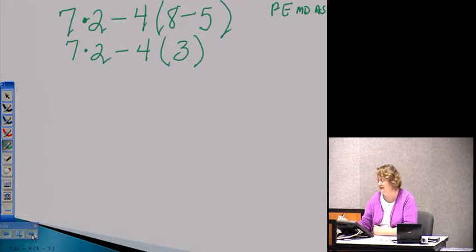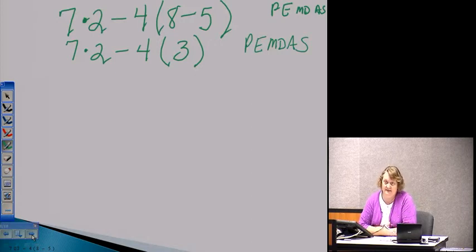After the parentheses, remember, we want to look for any exponents. There are no exponents. After exponents, we want to look for multiplication and division. As we look for the multiplication, I have one here, 7 times 2.